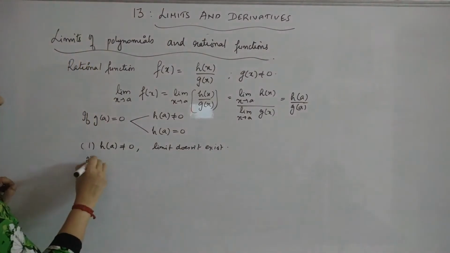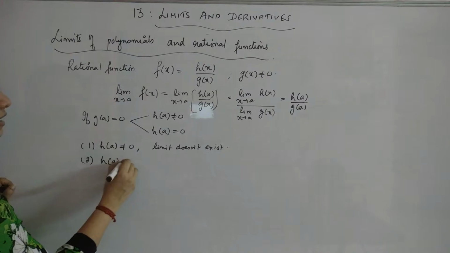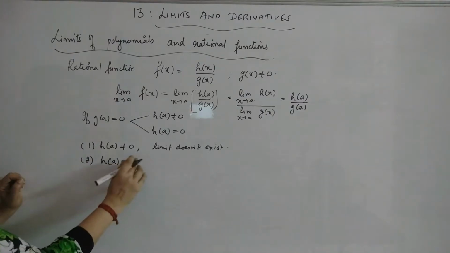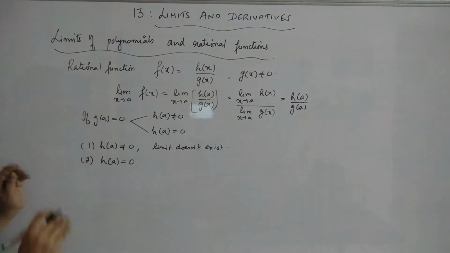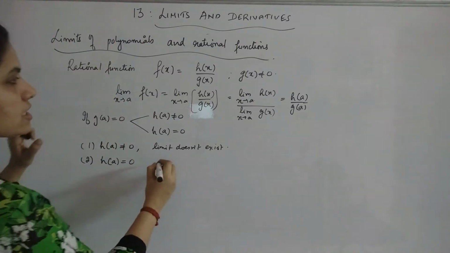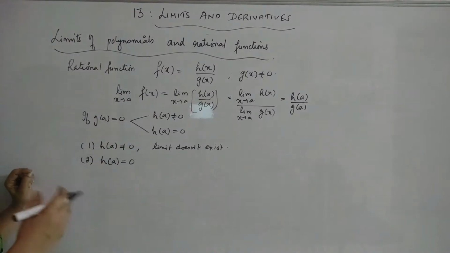Now for the second case, that is when h of a is equal to 0. For the second case, h of a equal to 0, what we are doing is we are taking h of x and g of x in a representation.